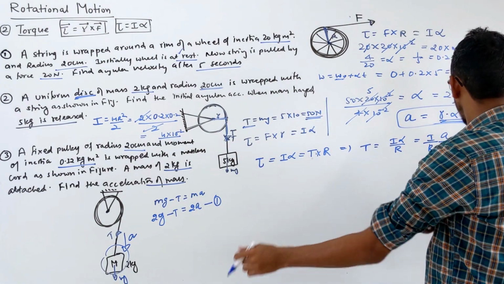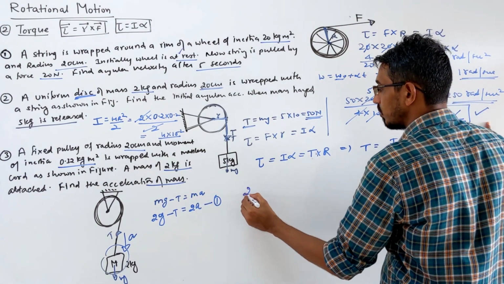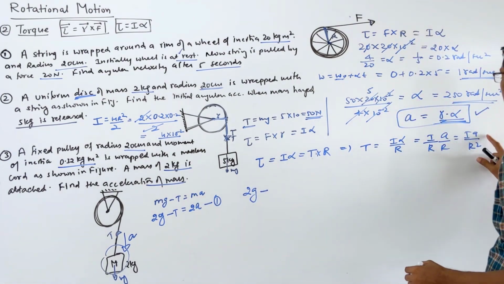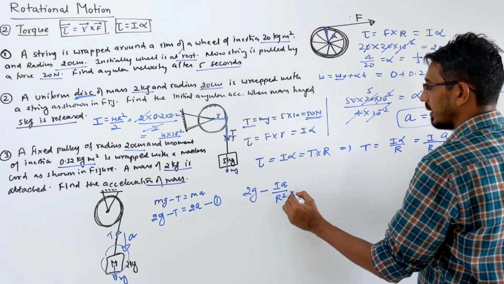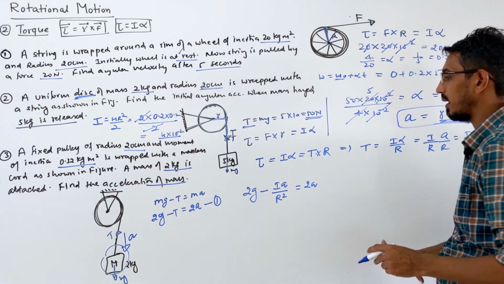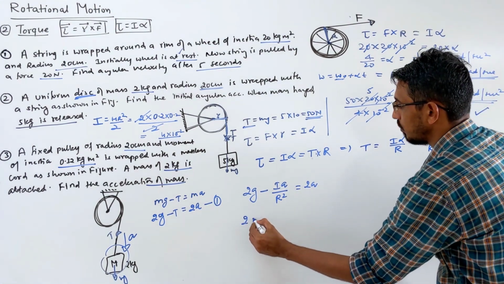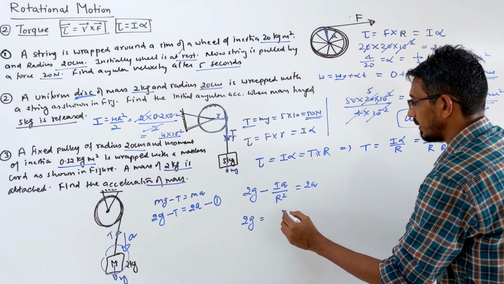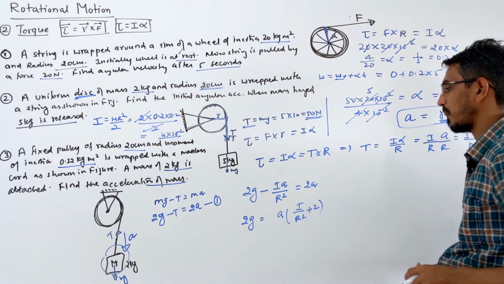But let's do this. T is unknown, so I replace T here, then I get the equation 2g minus I into a by r square is equal to 2a, and I want to calculate a. So I bring this term here, and I get 2g is equal to a, taking a common, I upon r square plus 2.